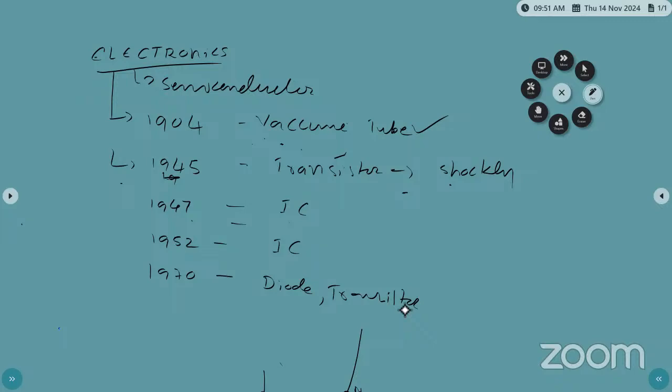So this is about the evolution. Everyone needs to know about electronics, irrespective of your branch, because without a mobile phone we can't live today. Without laptop, without desktop, any electronic object, there is no human being.